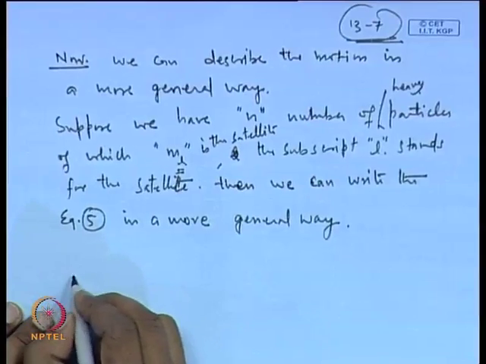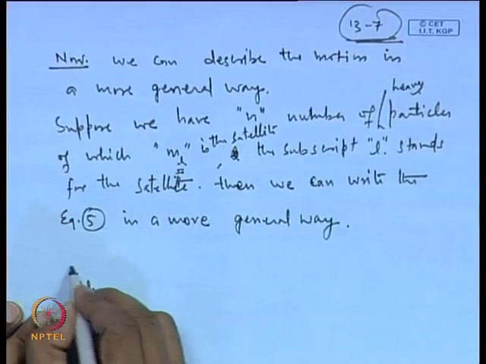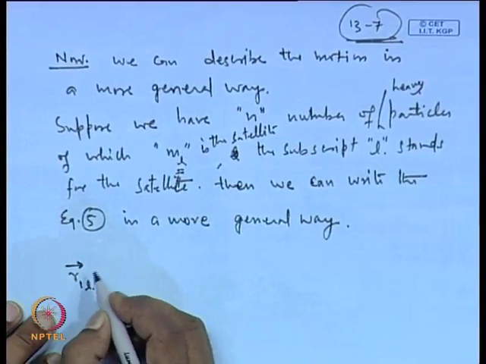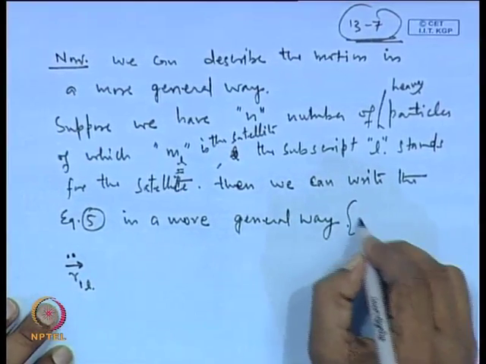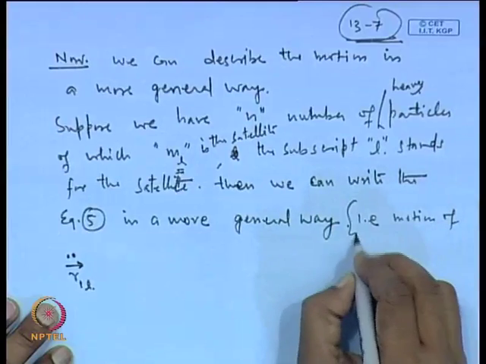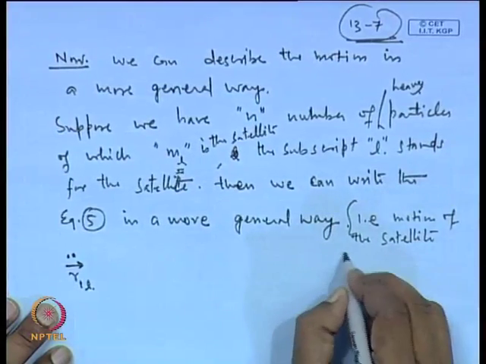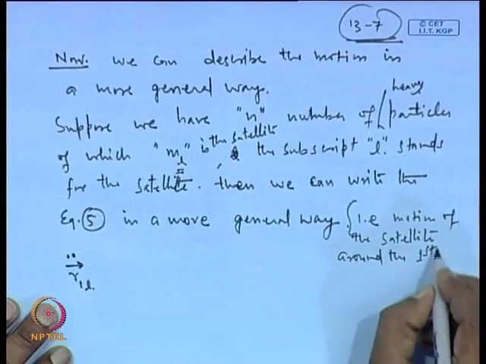So, here let us write this as r1 L, this is the motion of the satellite around the first body.